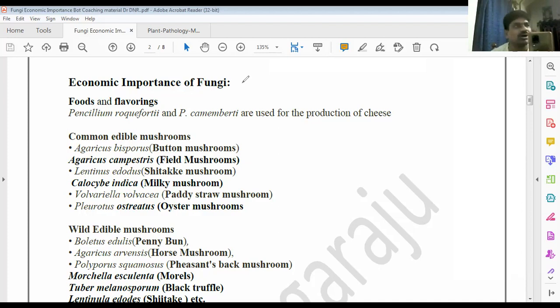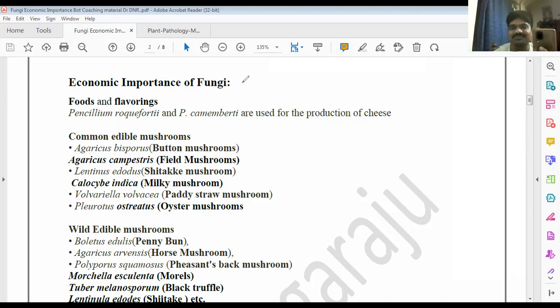And you know, idli, jalebi, how are they prepared? There is a hidden technique in that.